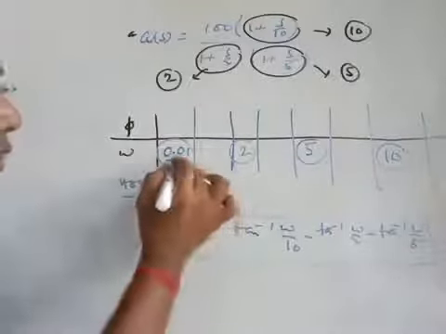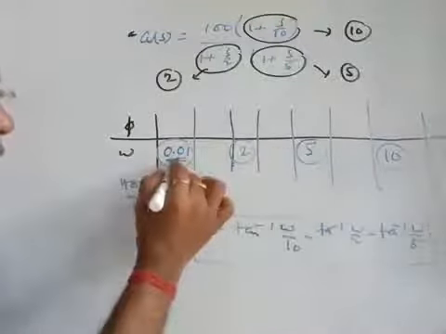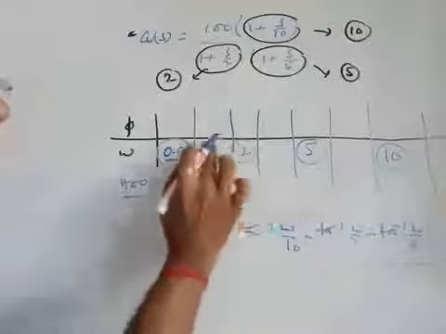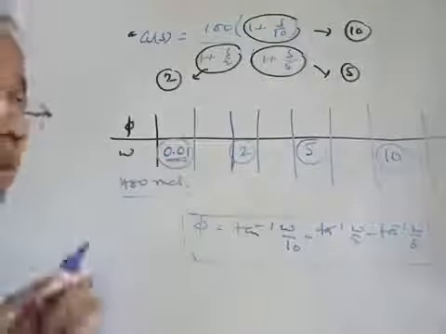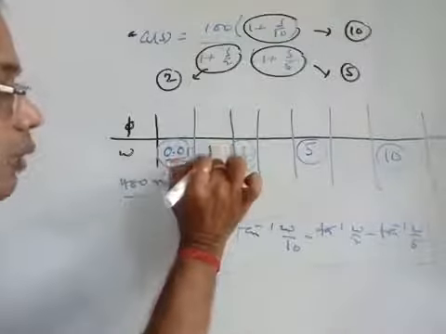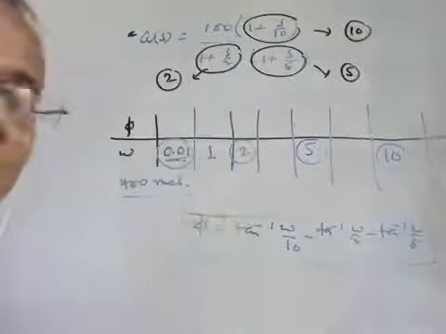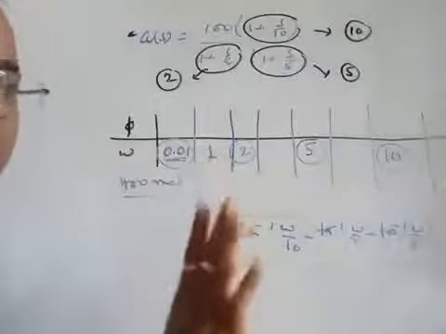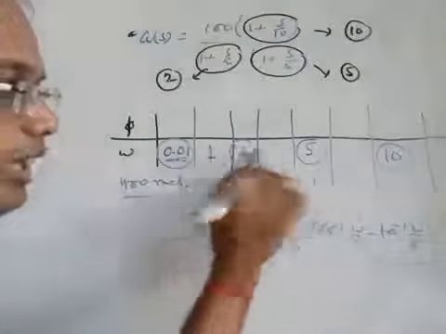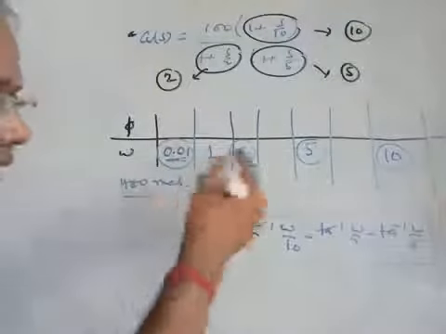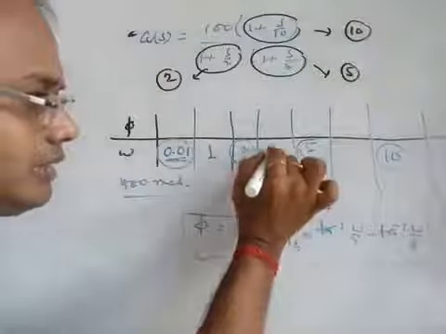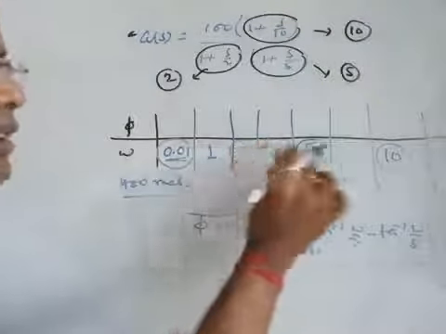Next, in between these two values, say 0.01 and 2, you can have any value to get a smoother graph. I can take 1, you can take 1.1, you can take 1.5, whatever you feel. And between 2 and 5 there are several numbers you can take. Better you take nearly 3, such that it lies halfway between these two.